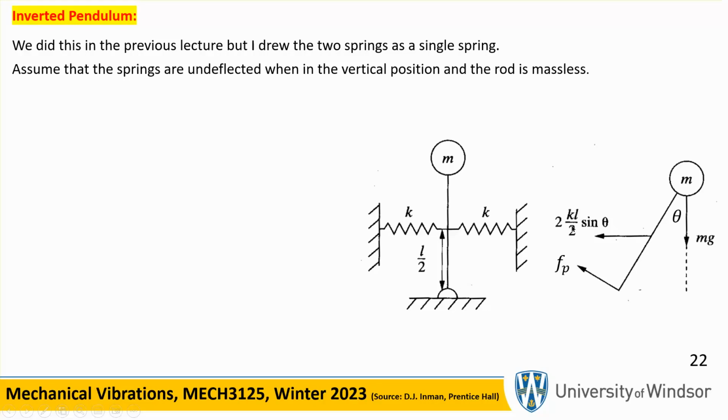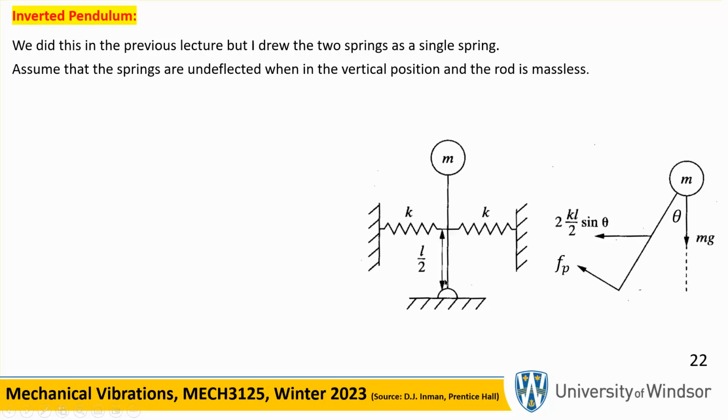And where does this thing come from? If you look at the deflection of the spring, first of all, the force of the spring comes from the stiffness, and there are two springs here, that's why I have a 2 here. The stiffness of each is K, and then L over 2 sine of theta is the amount of stretching or compression.